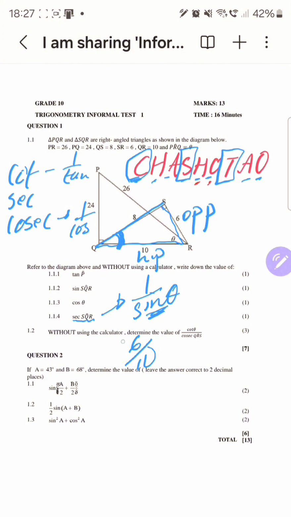But now I need the reciprocal of this, which means I need the inverse of that. So it's just 10 over 6. Then you further simplify that, and that's going to be 5 over 3. So that's the answer to that one.